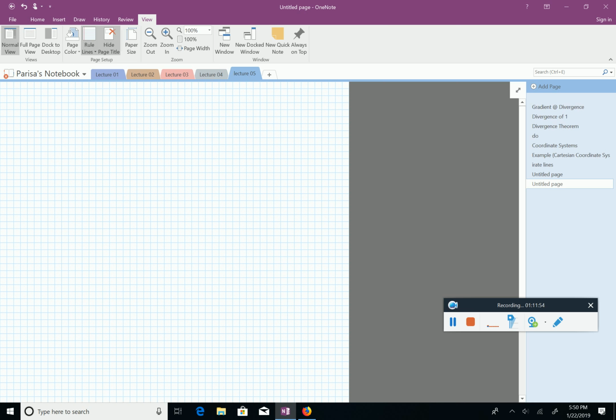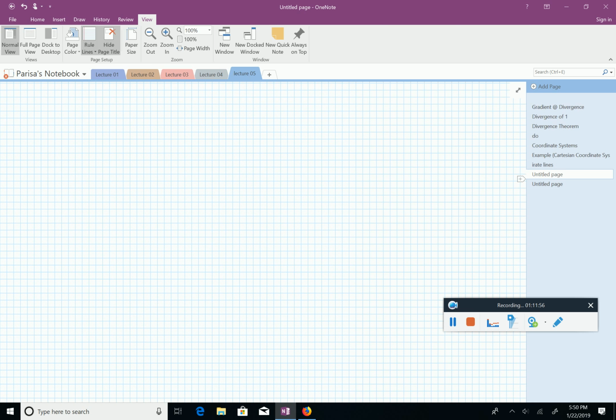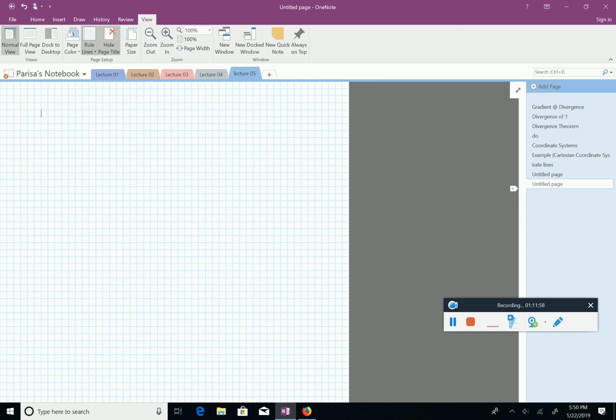Because we already have this, it's important to realize that the gradients of the coordinates form an orthonormal basis for Cartesian coordinates, because they're equal to the basis vectors.